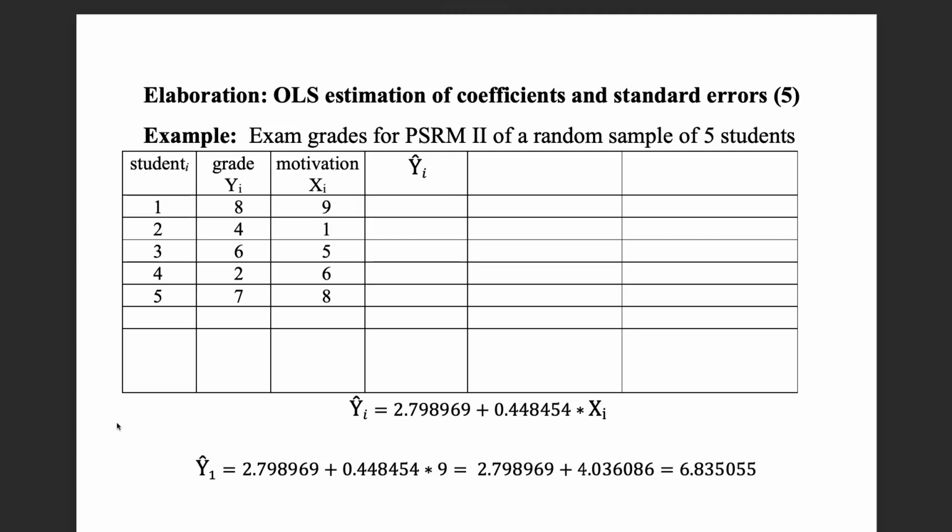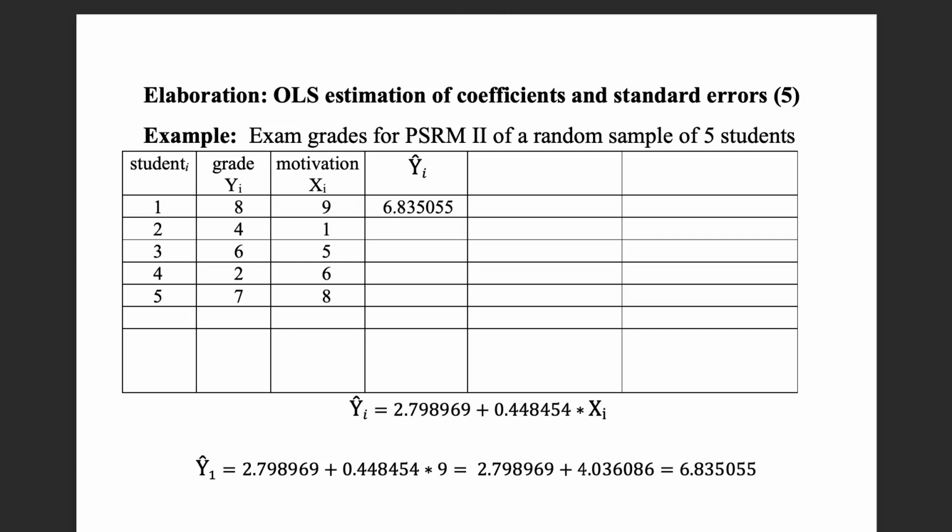So that works out to 2.798969 plus 0.448454 times 9, the observed value on motivation, which works out to 6.835055. So we now know what number to put there for the first student for the predicted value.